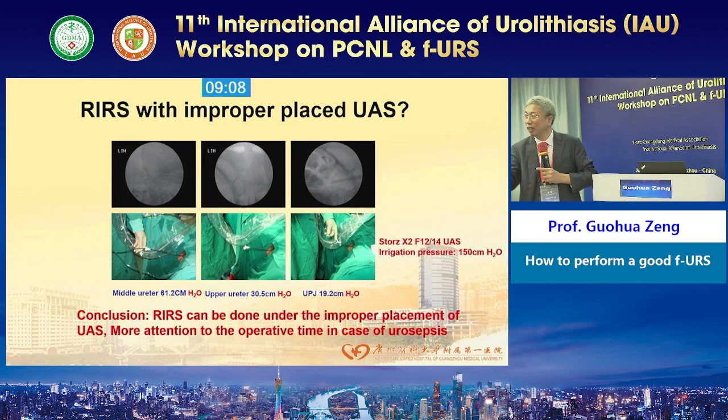So different place and different pressure. In the morning, Professor Genin talked about the smart irrigation pressure system. Sometimes the sheath is different, pressure is different. So this is not accurate, I think so.